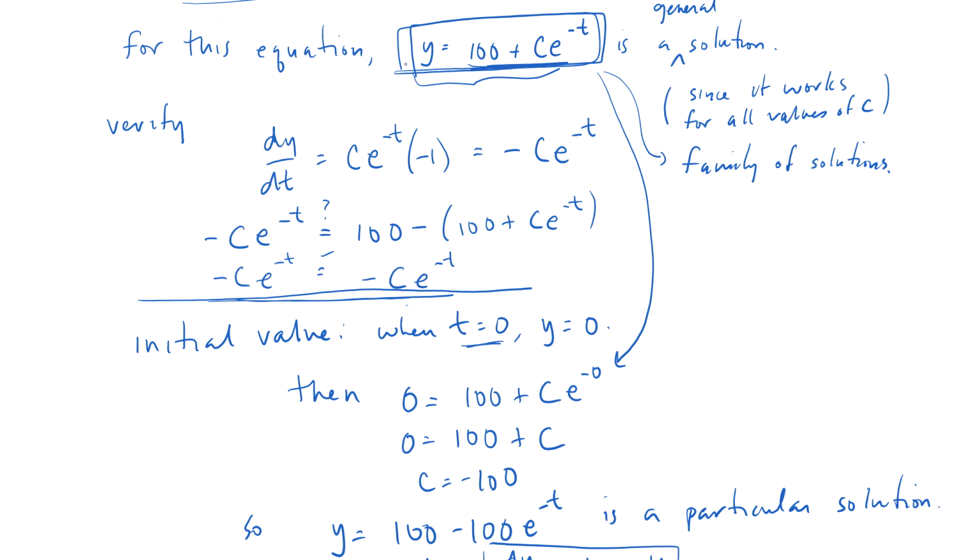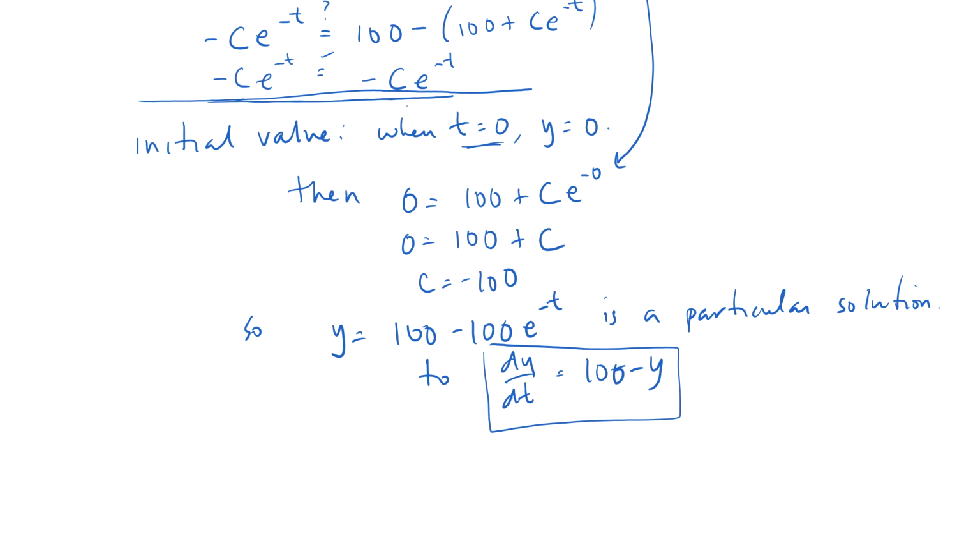That's all of the solutions that make this true. And then if I give you an initial value, that allows me and you to find c and get a particular solution, which is a solution that satisfies some condition, which is our initial condition up here.